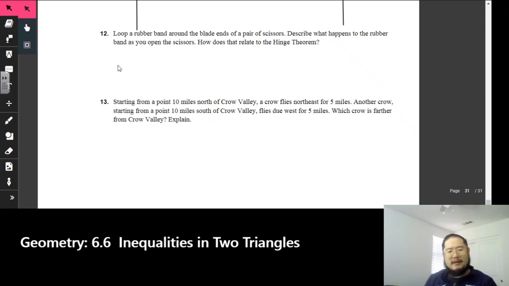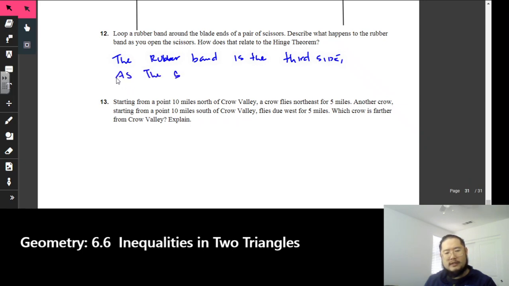And hopefully you figured out that we could say the rubber band is the third side, and as the scissors open up, the band slash third side gets longer.